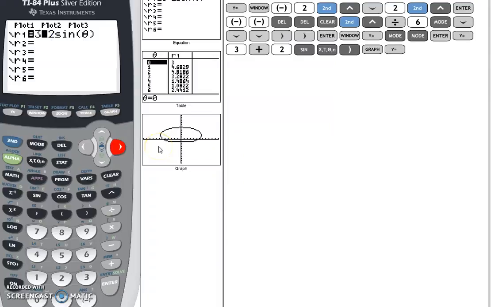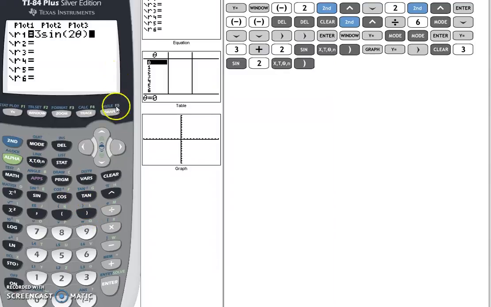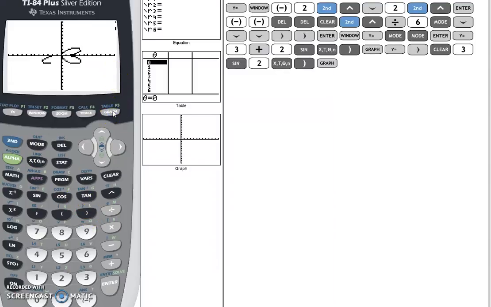Let's just put this in as, scoot over if we could. Delete that. We'll do 3 times sine of 2 theta. Let's see what that looks like. And we have some problems with our graphing on here, of course, but that's kind of a cool curve.